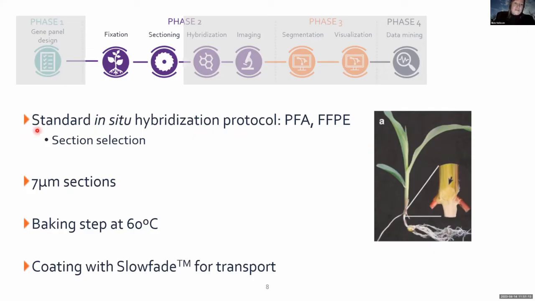One point that I want to make here, and it doesn't go for people that are very experienced in in situ hybridizations, but something to take into account, also for the price of this type of analysis, is that you really need to make sure of the way you make your sections, because of course you can cut in different planes through your tissue. It depends on how you oriented it.